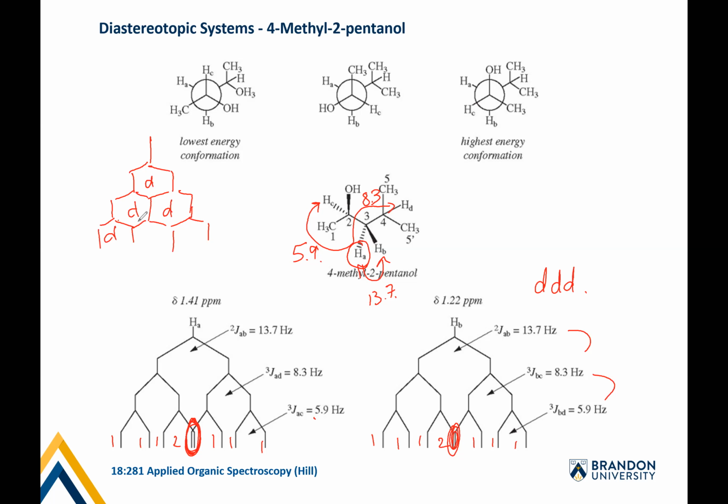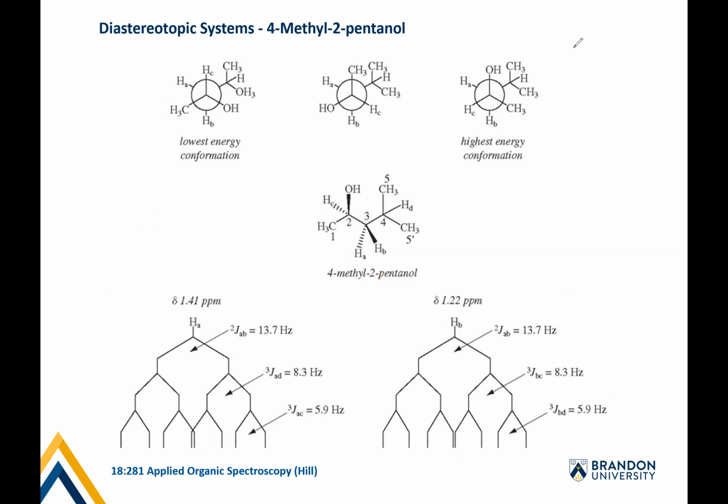But because they were feeding into one another, it comes out looking like a quartet, because it's 1 to 3 to 3 to 1. So a quartet's technically a doublet of doublets, but the coupling constants are all the same. This is a doublet of doublets where all the coupling constants are completely different. So actually, technically, this isn't a second order spectra. We'll get to that in a second.